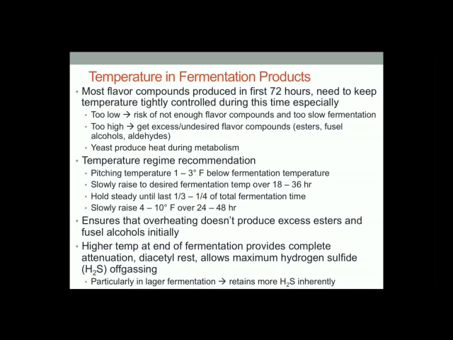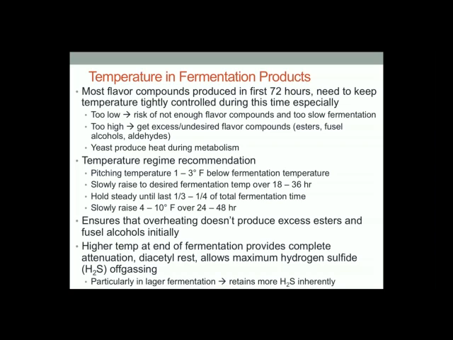So of course by this time most of the flavor compounds that would be good or bad have been produced, and by raising it slowly in the last 25% of the fermentation period, one can facilitate getting rid of the diacetyl and off-gassing things like hydrogen sulfide.